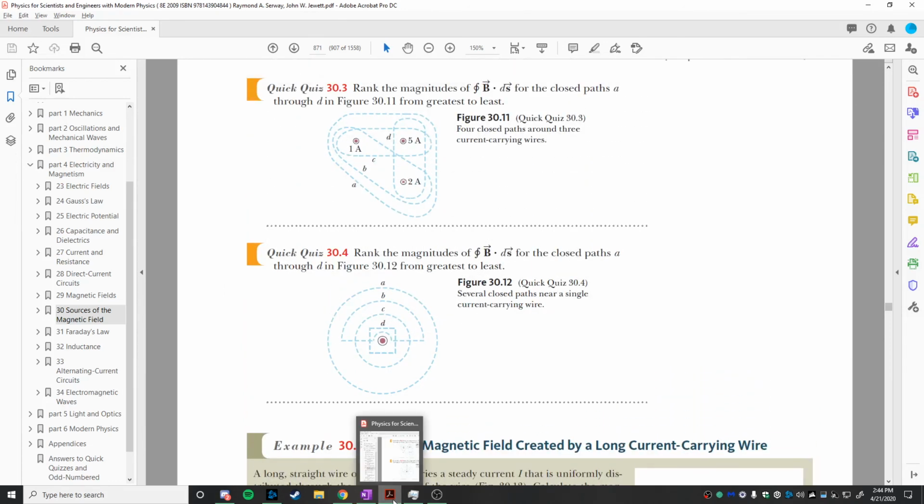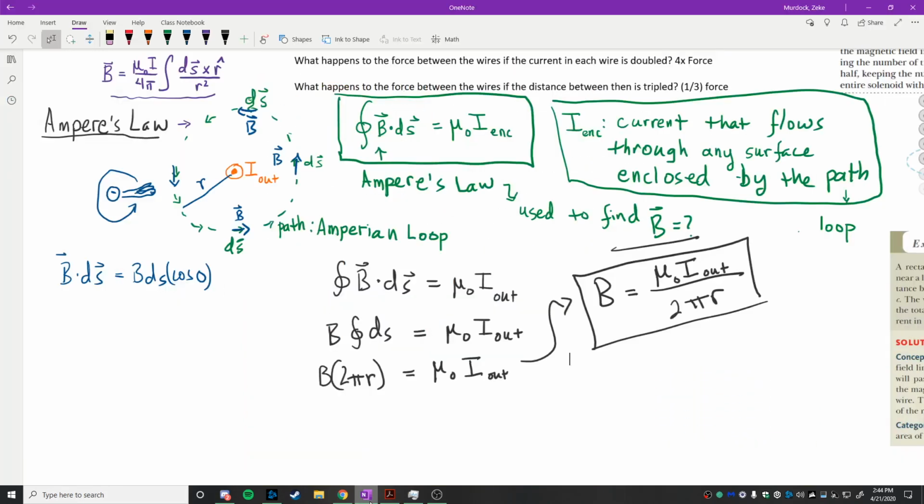So let me say something first before I ask the question. If I have the following scenario, let's say I've got some current right here that comes out of the board, and I say it's equal to 5 amps, okay? And over here I put a current going into the board, and let's say I call this one I1, and I call this one I2, and I say this one's 3 amps, but it's going into the board.